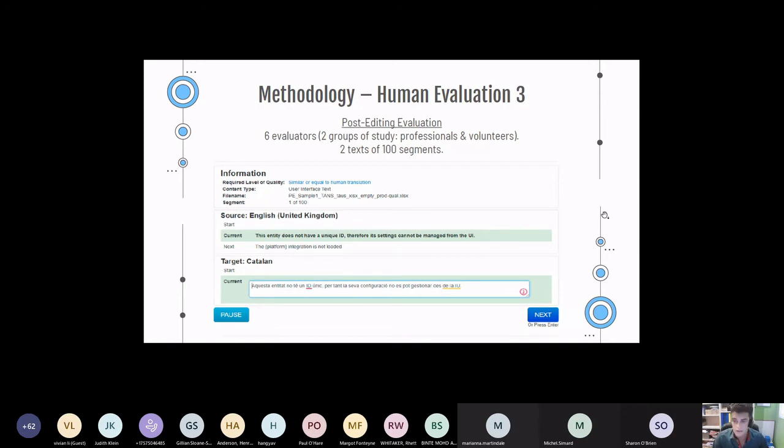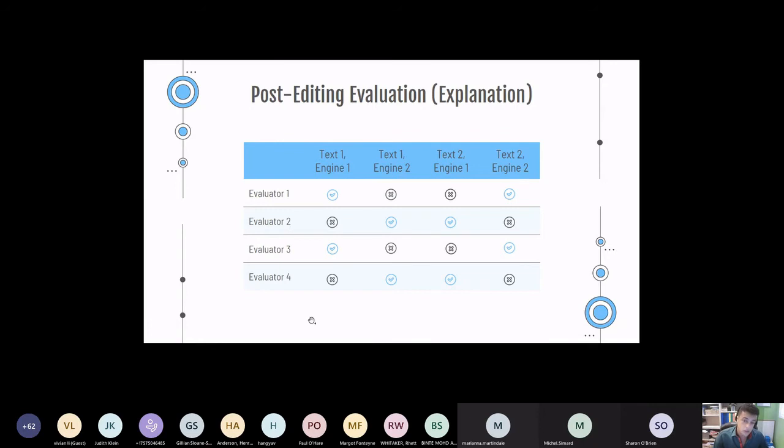After this, in the post-editing evaluation, I said before that there were 2 different texts. This was divided because if evaluator 1 did text 1 with engine 1 and engine 2, after evaluating text 1 with engine 1, they would know the terminology and the proposals for engine 2.